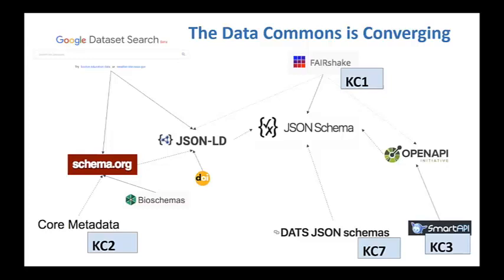Those things are also used by the recently published Google Dataset Search. And I would leave it there and pass the baton to Daniel Clarke, who will give a live demo of FAIRshake.